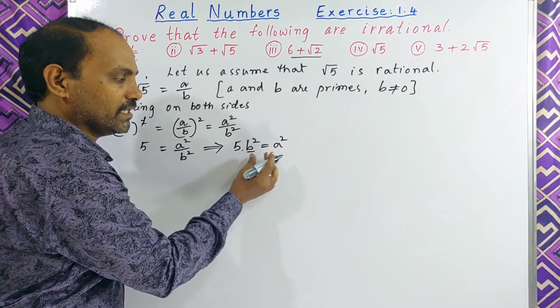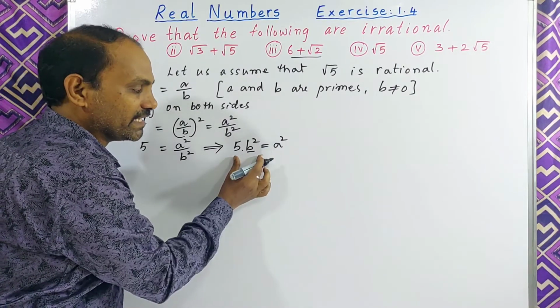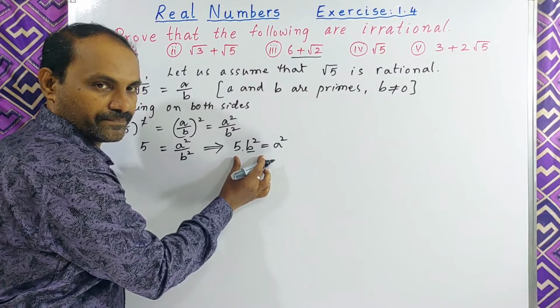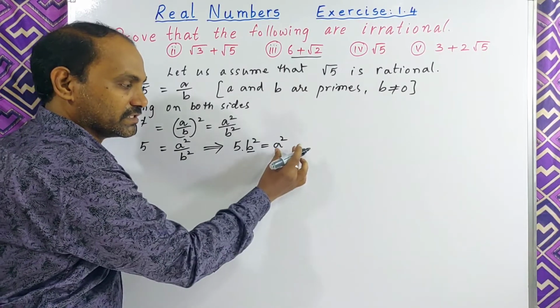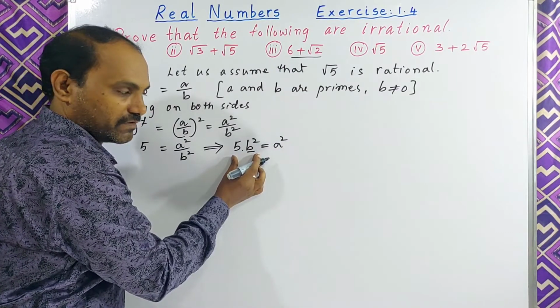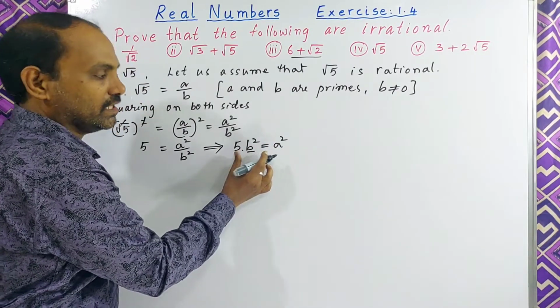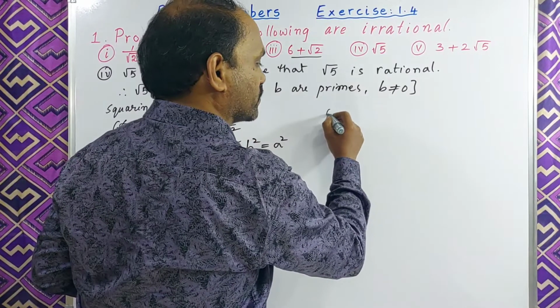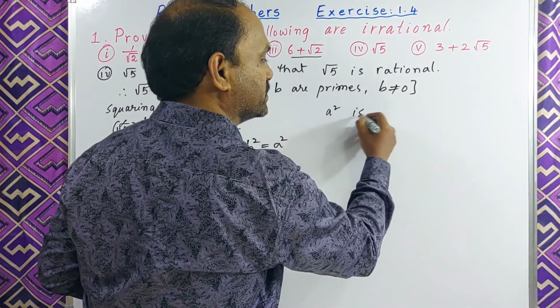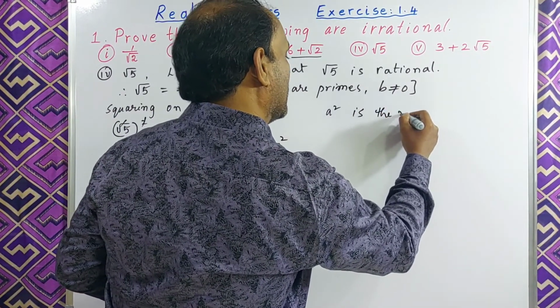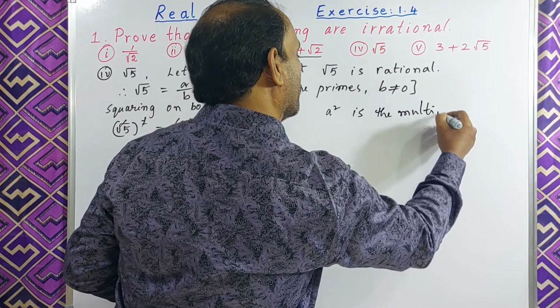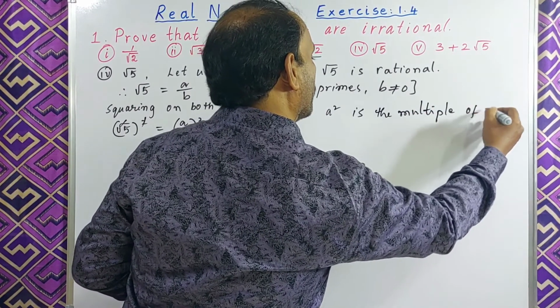What does it mean? A square is a multiple of 5. Is it understood? A square is equal to 5 into something, it means a square is a multiple of 5. We can write here: a square is a multiple of 5.